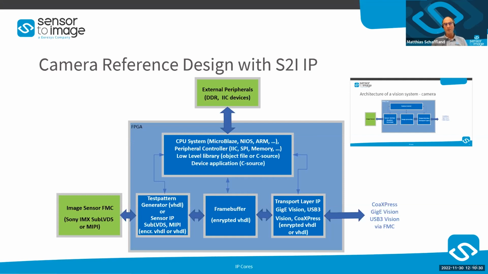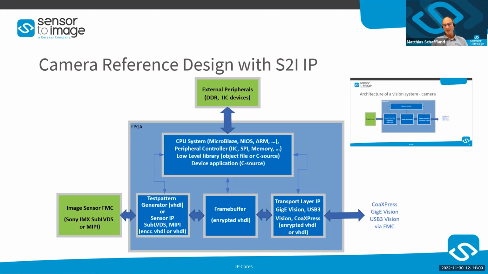Typically, the CPU system comes with a number of IP cores from the vendor, for example, for I2C or SPI or memory controller or something like that. So this is nothing we have to reinvent. We simply can use them. And on the CPU system, typically there is an application running, which is delivered as C code to you, so you can modify and extend that, and a lower level library which handles the protocol, typically the control protocol.